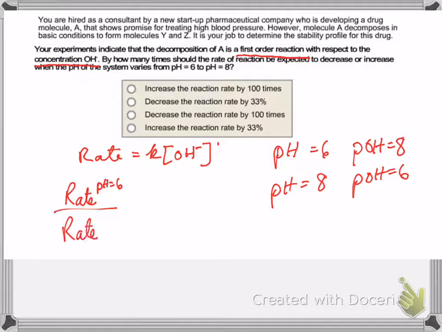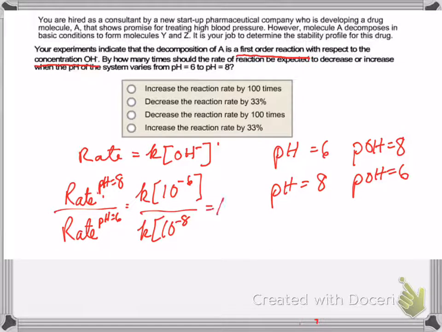If we make a ratio of the rates of pH 8 to pH 6, we see that if we put the concentration of hydroxide ion as 10 to the minus 6, because that's what the pOH gives us, divided by 10 to the minus 8, the corresponding hydroxide at the other point, we see that it's 100 times faster. So this is how Unit 5, Module 3 and 4 can be asked on the exam.